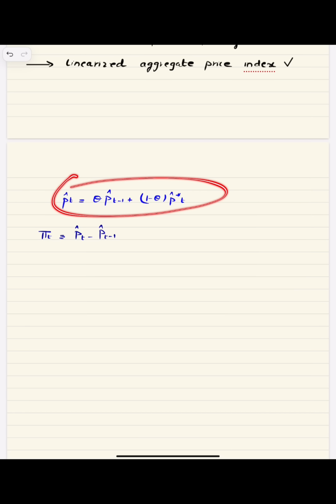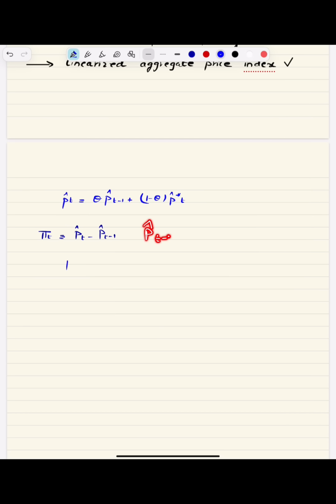So if I subtract P hat T minus 1 from both sides, I'll get the following. I'll get P hat T minus P hat T minus 1 on the left hand side, and on the right I'll get theta minus 1 times P hat T minus 1 plus 1 minus theta times P hat star T. So I have inflation on the left hand side.